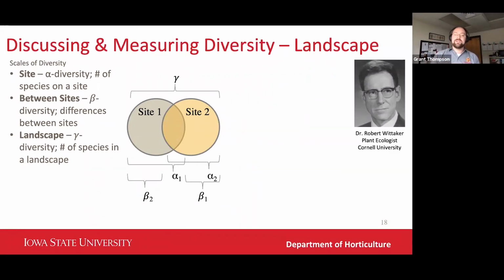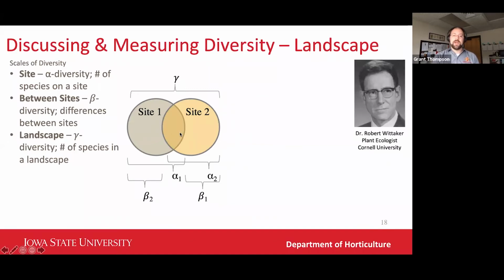And then finally, gamma diversity is this landscape diversity. So if we consider all of the sites that we're looking at in our study region, what is the total species palette or richness that we find? And then how do our individual sites within that relate? So you can see in this Venn diagram here, we have site 1, we have a certain number of species that are here. This is the alpha diversity of site 1. Site 2, we have the alpha diversity of site 2.